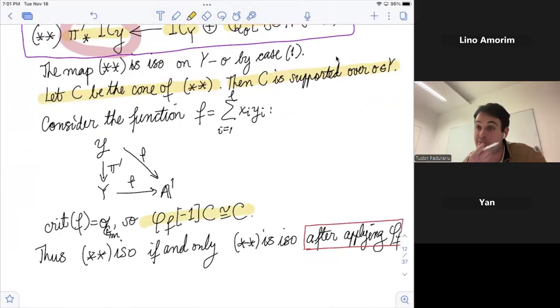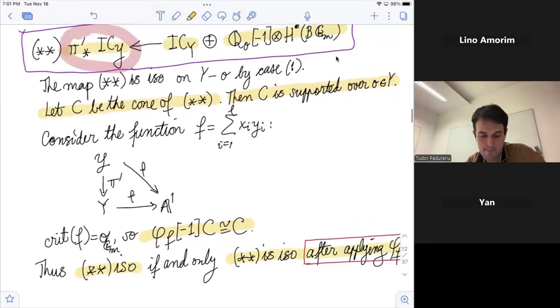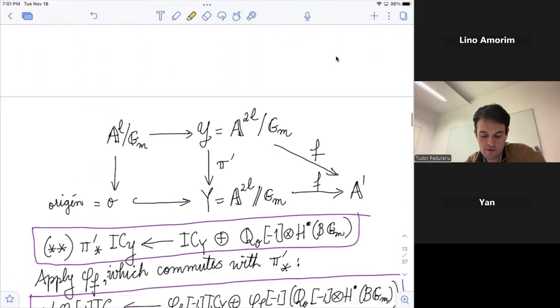This is the functor that preserves perverse sheaves, the vanishing cycle shifted by minus 1. So then star will be an isomorphism, that is, the cone is 0, if and only if star is an isomorphism after applying vanishing cycles. Okay, so this is what we do.